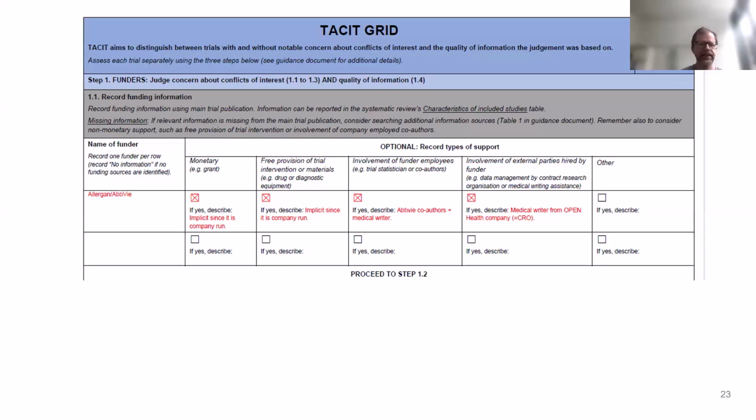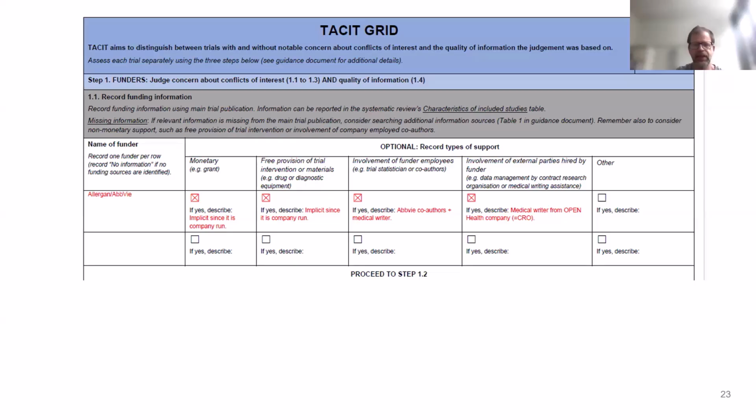The colors marked in red is the information that has been entered on the TACIT grid based on this particular trial. This trial is funded by two companies that co-developed the drug, Allergan and AbbVie, and as an optional feature in this TACIT grid, you can describe what the funding really amounted to.